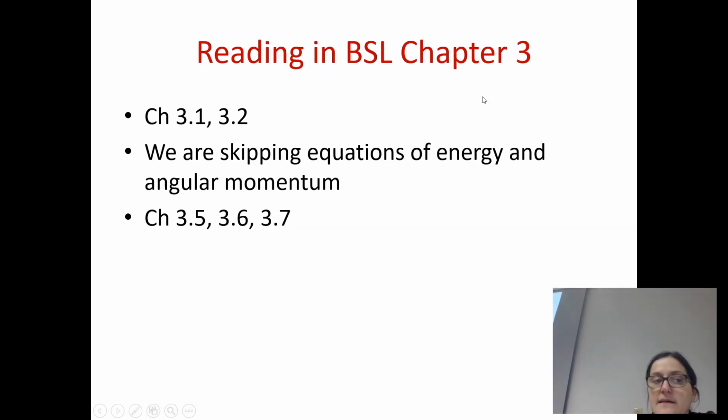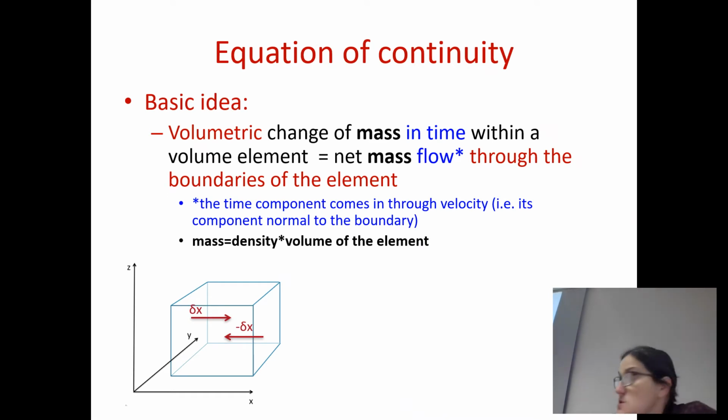For reading, chapters 3.1 and 3.2 are relevant. We will skip equations of energy and angular momentum for now, and then 3.5, 6, and 7. So what is the equation of continuity?